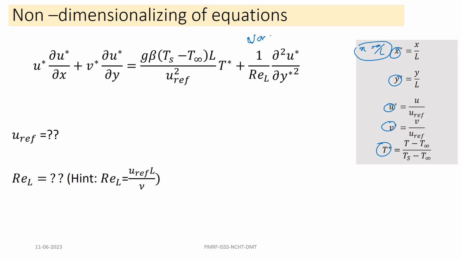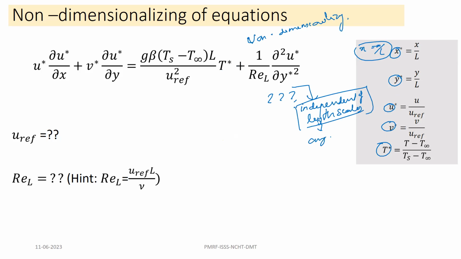So together we are making the equation non-dimensional. But the question is, why should we non-dimensionalize? Because it becomes independent of the length scales. So we can apply it conveniently to any system irrespective of its length scales. We are only interested in the non-dimensional numbers.